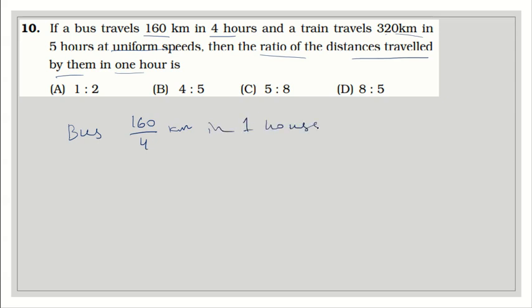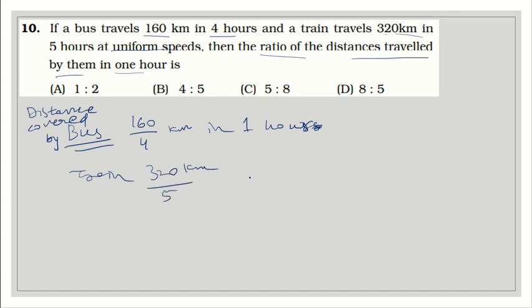So the distance covered by the bus is 160 by 4 km in 1 hour, whereas the train covers 320 kilometers upon 5 in 1 hour.